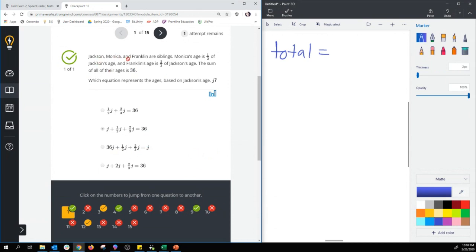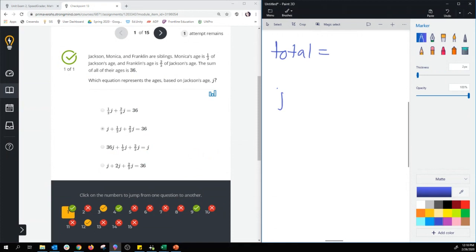Now, I don't know how old Jackson is, but I can represent his age with a variable, and it looks like here they're going to use J for Jackson. So J is however old Jackson is.